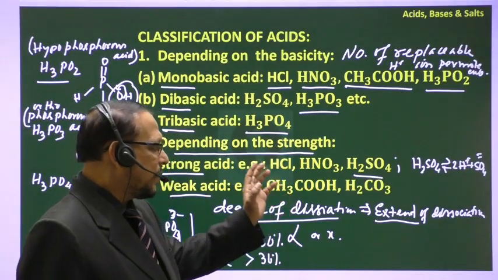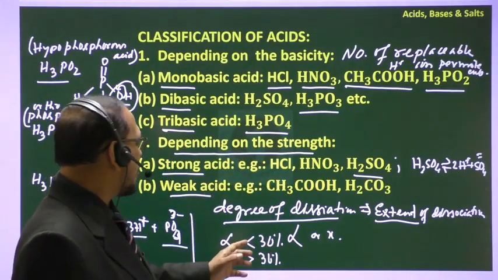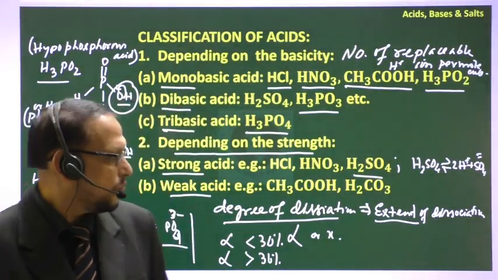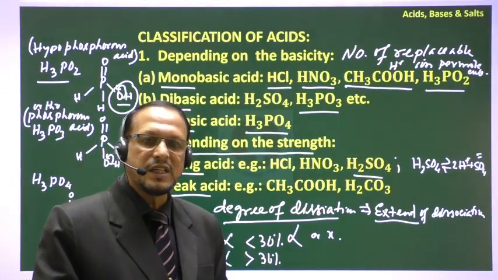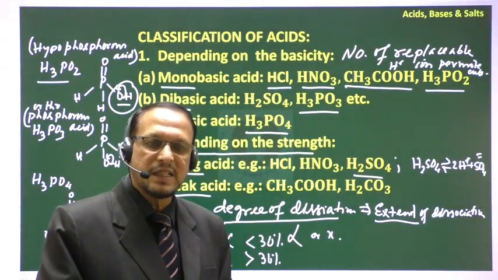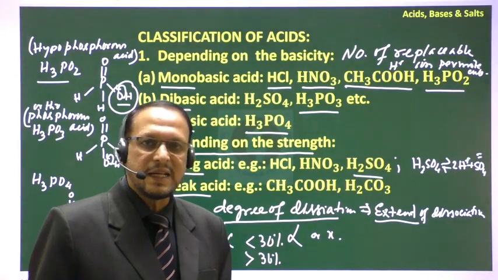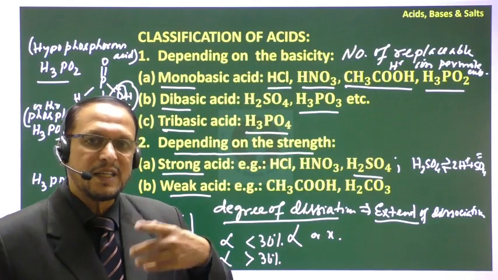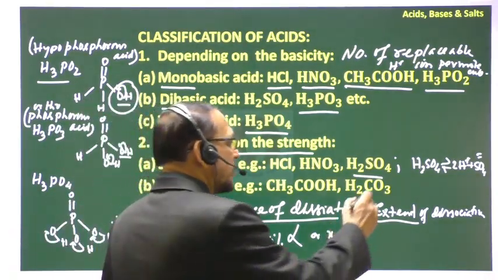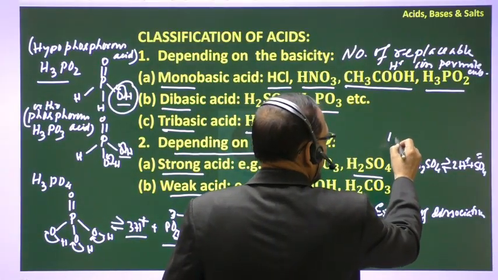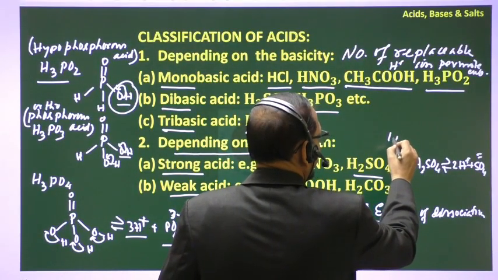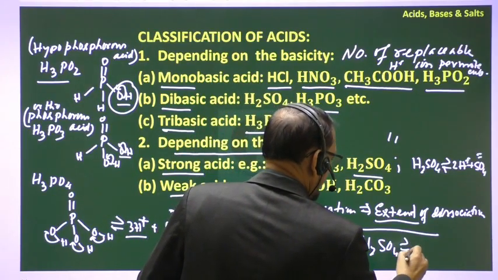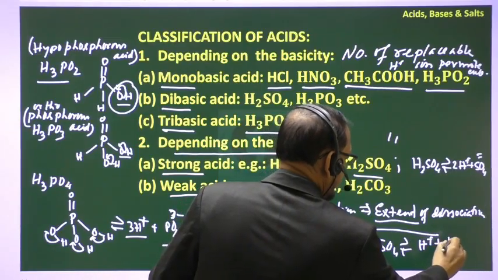Now, if the extent of dissociation is more, then it's a strong acid. If the extent of dissociation is less, it is a weak acid. Now, sometimes we see that concentrated sulfuric acid has less strength than dilute sulfuric acid. Why? Because dilute sulfuric acid will ionize completely, but if H2SO4 is concentrated, it will ionize to H plus and HSO4 minus.